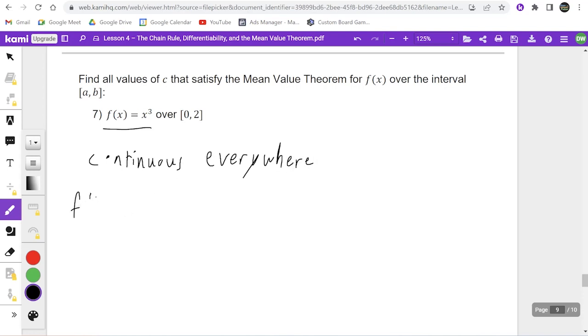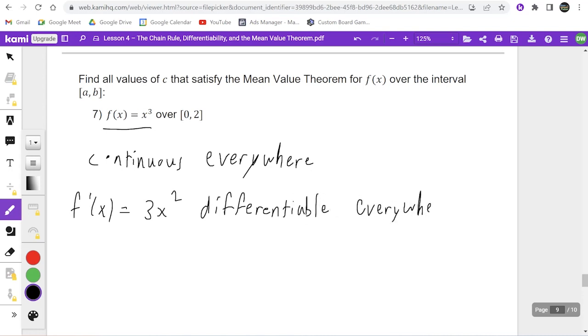Now let's take the derivative, f prime of x. Well, f prime of x, that's 3x squared. And that's fine. That's differentiable everywhere because there's no values that are going to break the function. So I'll give you a second to catch up with the writing. But so far, we've passed our checks, and now we can use the mean value theorem. This is all we're saying.